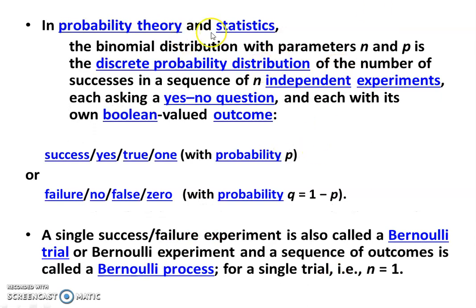In probability and statistics, the binomial distribution with parameters n and p is the discrete probability distribution. Remember, the binomial distribution is a discrete probability distribution because the outcomes are finite.